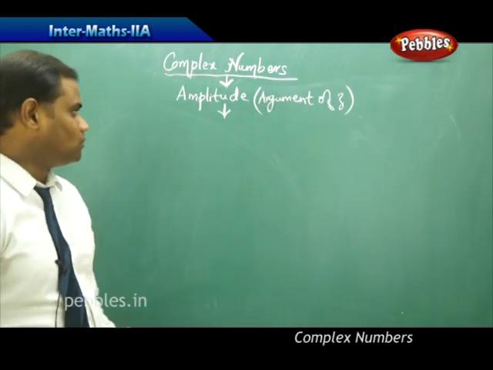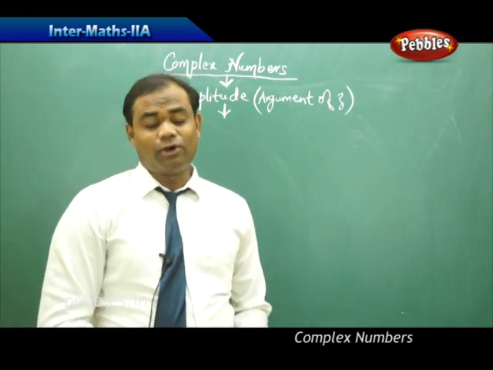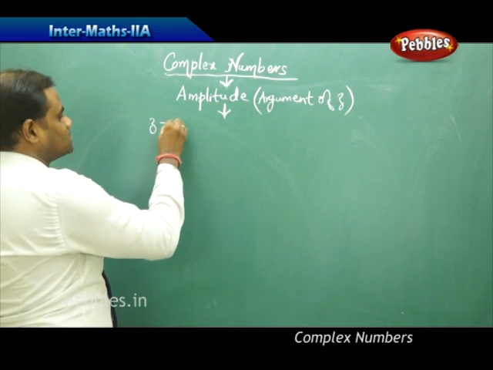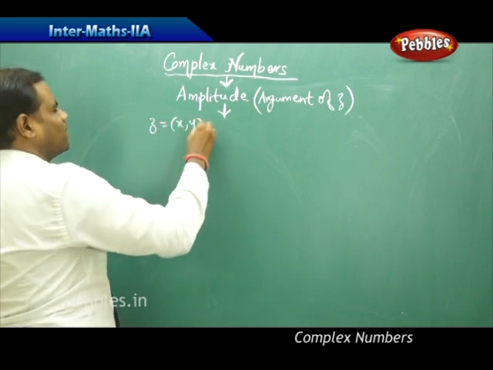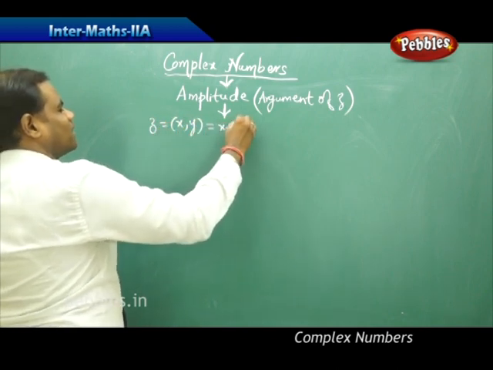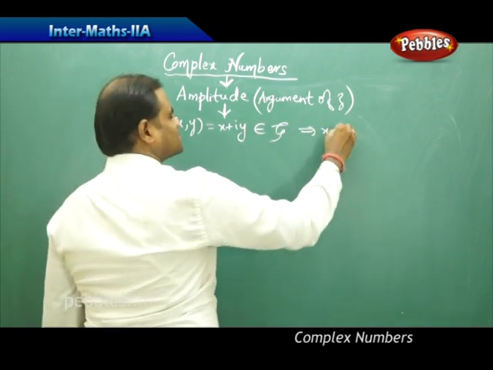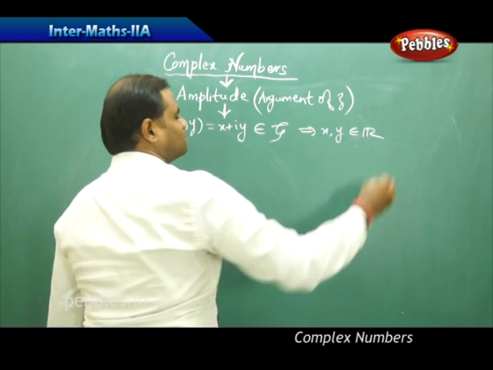Now let's see what is meant by the amplitude of a complex number. If I take a complex number z equals x comma y, that is x plus iy belonging to C, that implies x and y belong to real numbers.